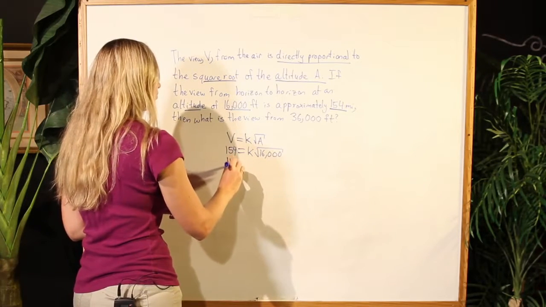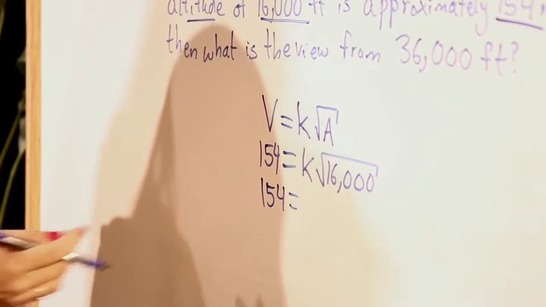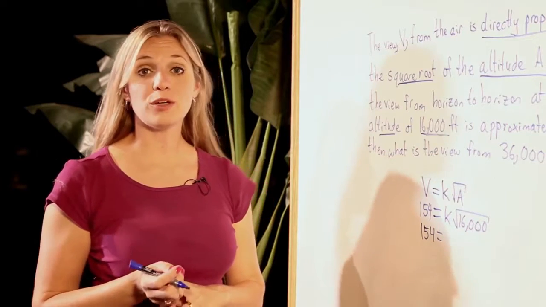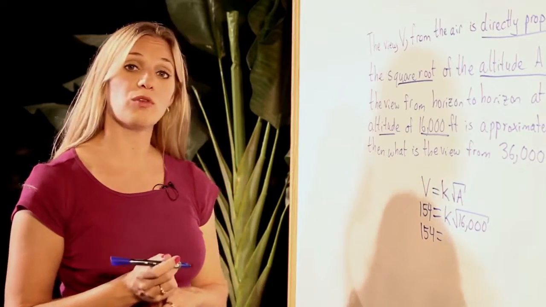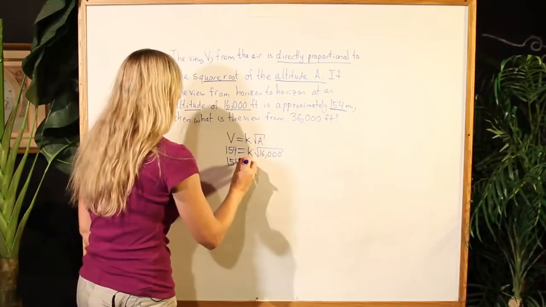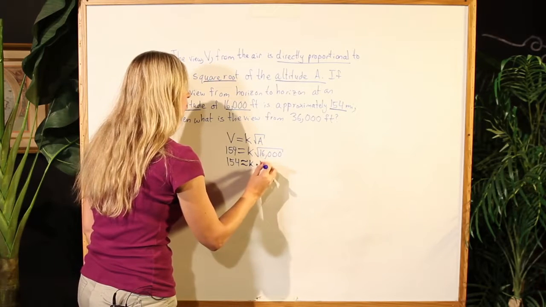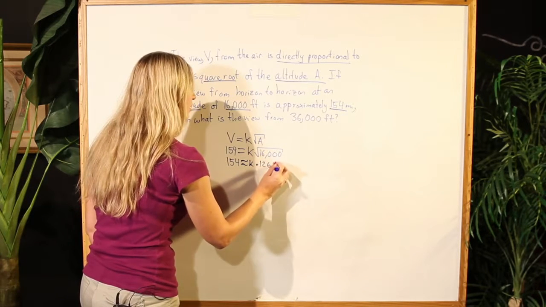The next thing that we need to do is go ahead and take the square root appropriately. I'll bring down the 154, and the square root of 16,000 is approximately equal to 126.49. So we will go ahead and put the approximation symbol in here and multiply the k by 126.49.